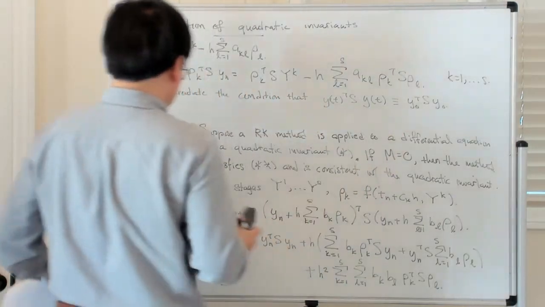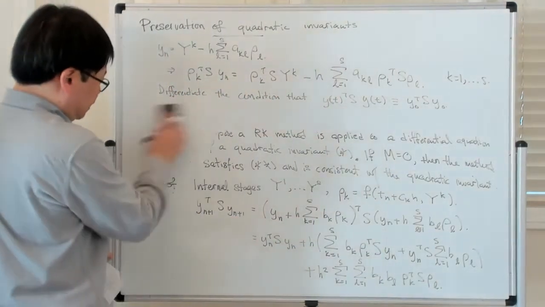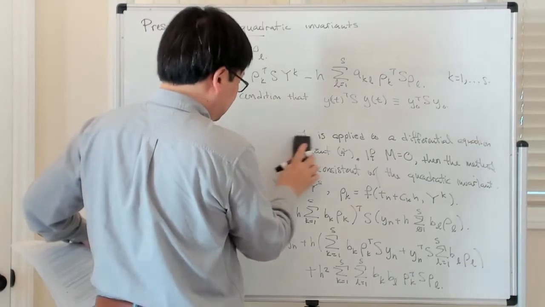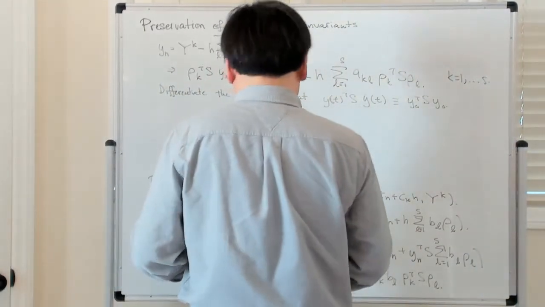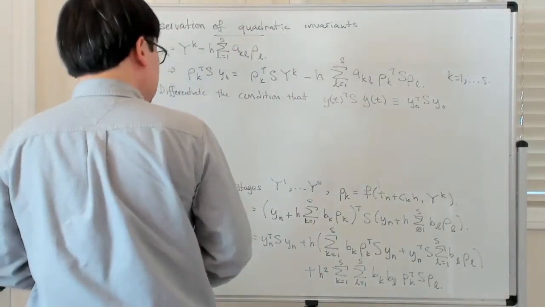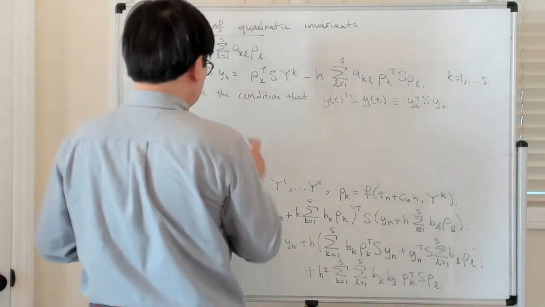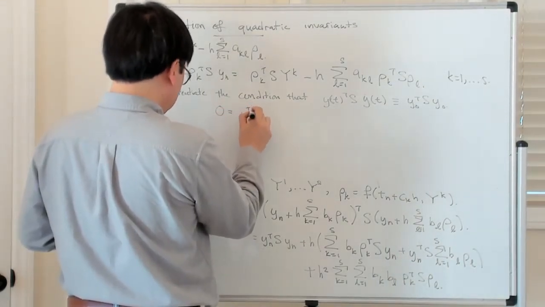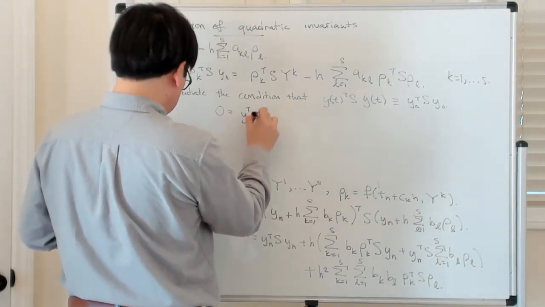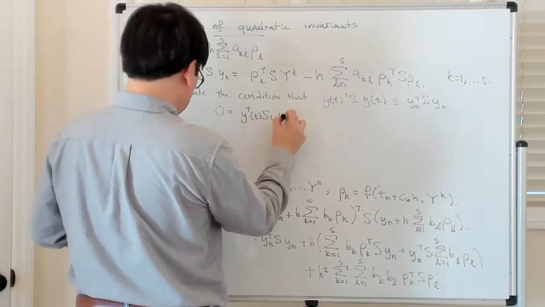And you differentiate that, clearly, with respect to time. That gives you a condition, if you will, on the differential equation. So this tells you that 0 is equal to y transpose t S y prime t.